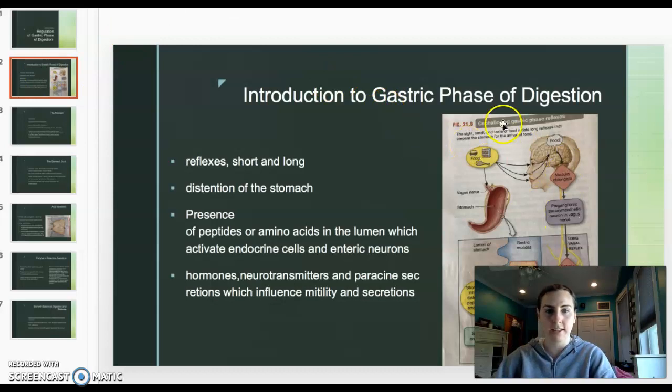On the right-hand side of this PowerPoint, I included a diagram from the textbook, which shows the cephalic and gastric phase reflexes. It shows food entering the mouth, which also stimulates, like I said before, the parasympathetic nervous system in the brain. This is stimulated by the vagus nerve, which initiates the whole process, and I'm going to explain the process further in these next coming slides.